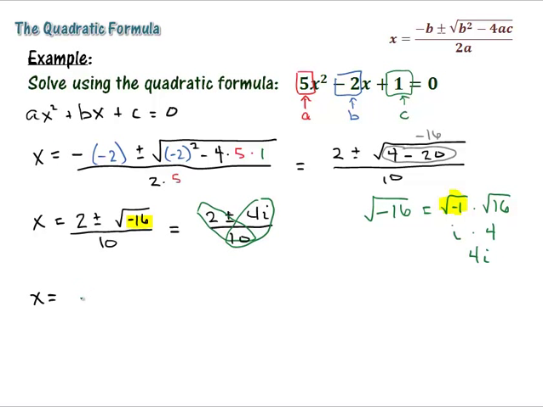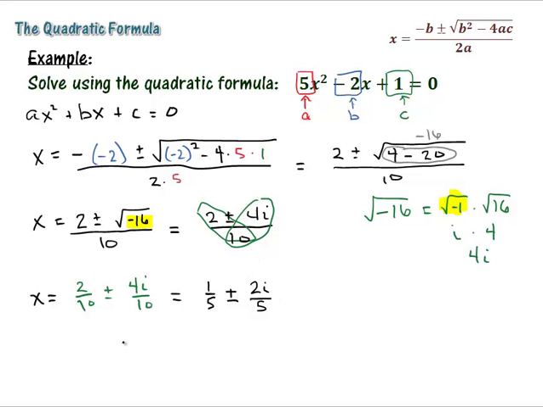So I'll have 2 over 10 plus or minus 4i over 10. And that equals 2 over 10 reduces to 1/5. That's the real part of our answer. Plus or minus 4i over 10 reduces to 2i over 5. And that's the imaginary part of our answer.